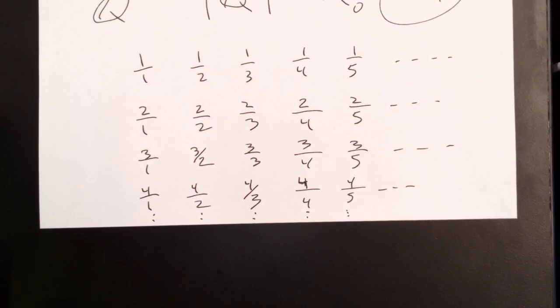Every positive possible fraction will show up somewhere. Integer on top, integer on bottom, somewhere on this list.